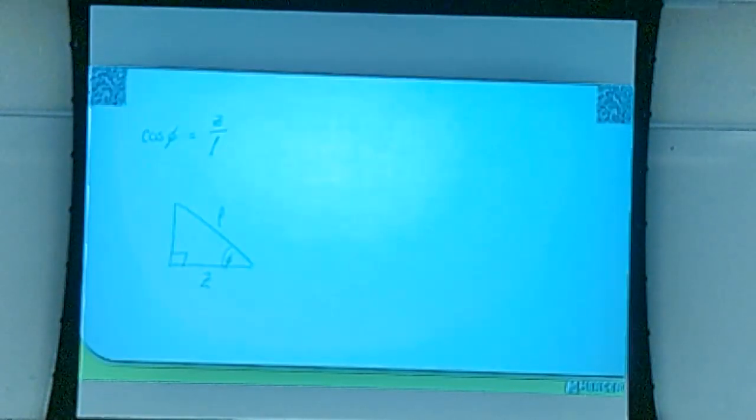What's the measure? z plus... It's going to be r, but I don't want r.